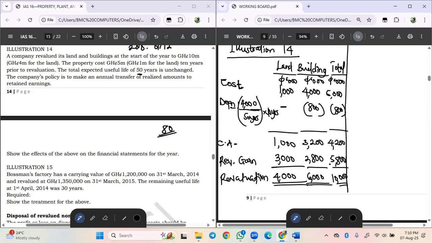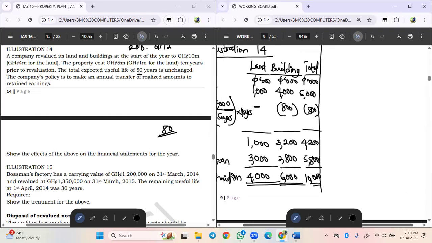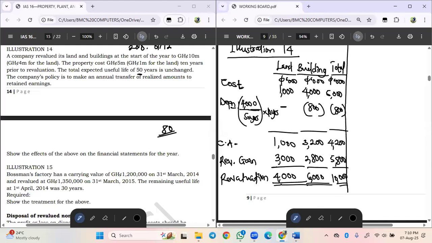Okay, so this one is at the start of the year. We've determined the carrying amount at the start of that year, and we compare the revaluation at the start of the year. The depreciation charge for that year will be determined using the revalued amount.